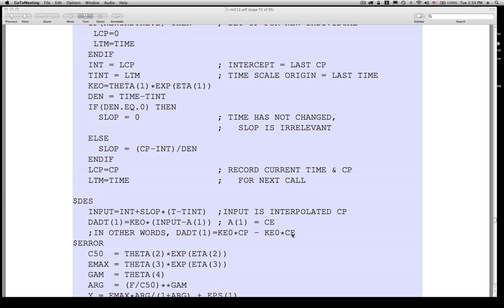So this only works if you have a completely observed time course over the observation window with extensive sampling.